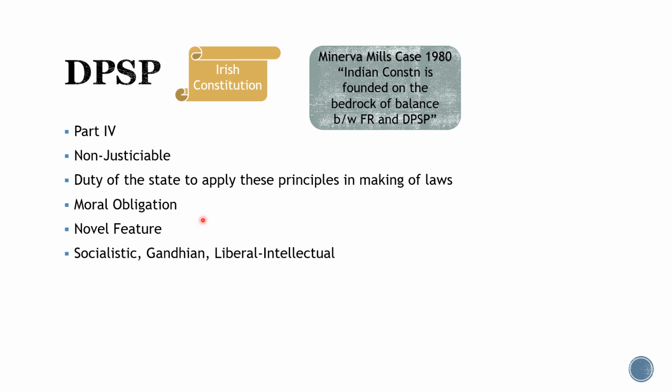There are three kinds of DPSP in the Indian Constitution: socialistic, Gandhian, and liberal intellectual. We'll talk more about it in a separate lecture. Just a quick fact, which you can also quote in your mains, is that in the Minerva Mills case of 1980, the Supreme Court said that the Indian Constitution is founded on the bedrock of balance between fundamental rights and DPSP.